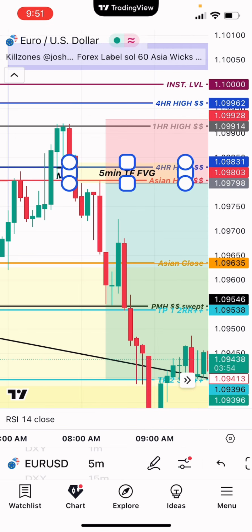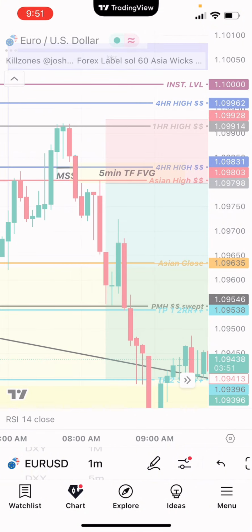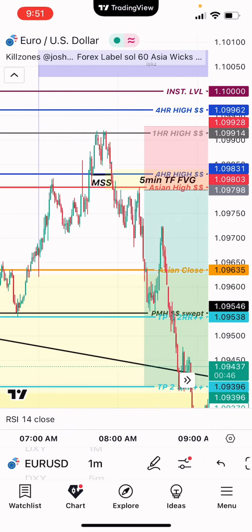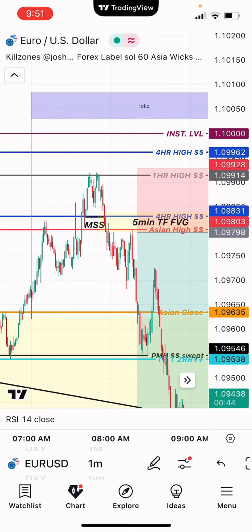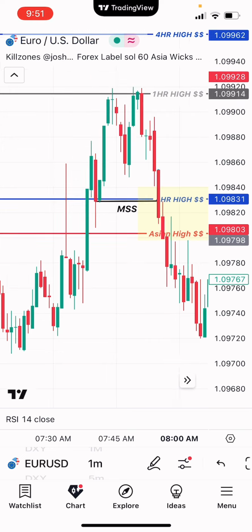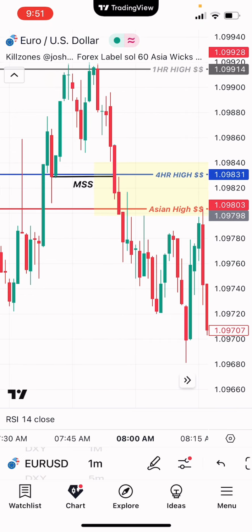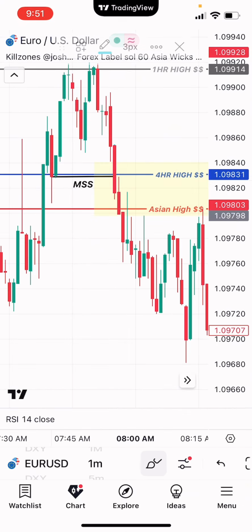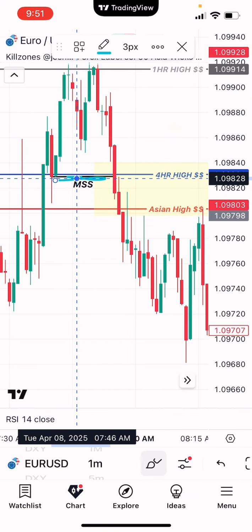So before even seeing that 5 minute fair value gap, I was on the 1 minute time frame looking for a market structure shift. As you all know, price is fractal. You can see on the 1 minute time frame there is a market structure shift here.